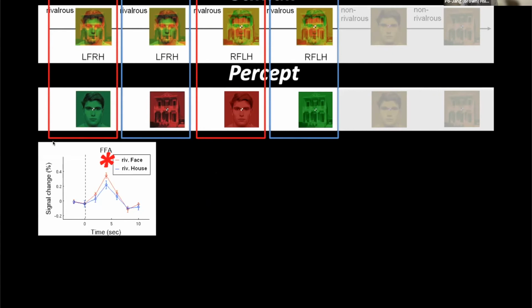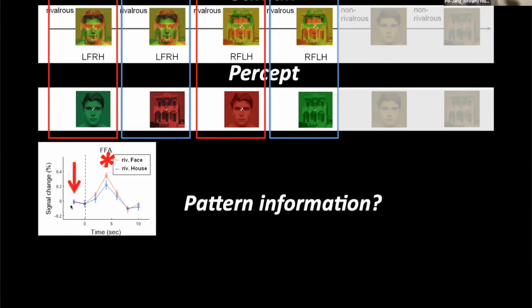You can see that when an ambiguous or rival stimulus is perceived as a face, FFA responds more, and when it is perceived as a house, it responds less. This is, again, not surprising. This has been shown before, but what we're interested in is what happened in the pre-stimulus period. And you can see that before the stimulus onset, basically the mean activation is flat, it's 0.